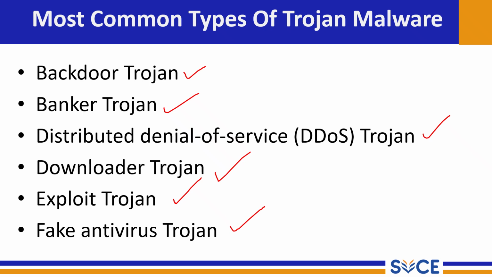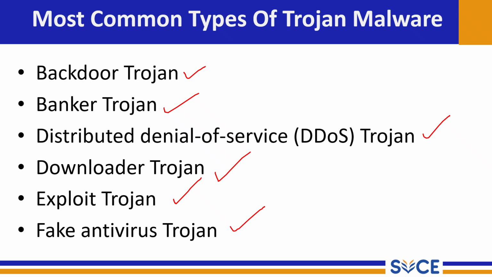For example, there is the Mirai malware, a well-known example of a DDoS Trojan that exploited vulnerabilities in IoT devices to create a large botnet. So this is all about the DDoS Trojan.